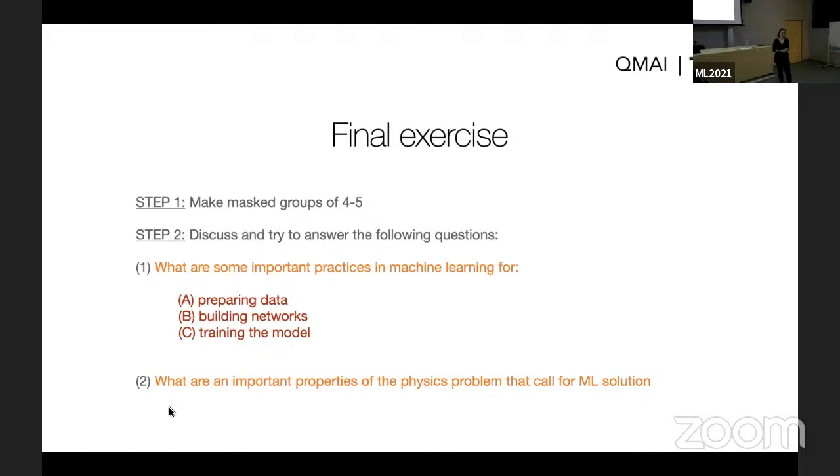I think we talked about it yesterday at the beginning of the first lecture. Can anyone remember some points that characterize problems where machine learning makes sense? We have a gray hoodie here. Yeah, I mean, the curse of dimensionality of quantum many-body systems is what we set as a main point.